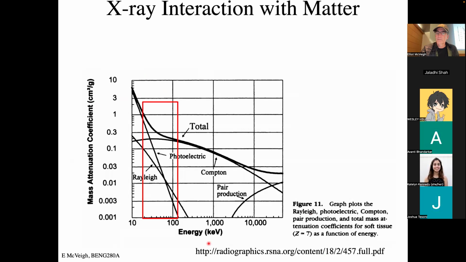20 and 100. But the area just before that also has a greater photoelectric effect. Because if you get down there, the problem with making images down there is that none of the photons get out of your sample.